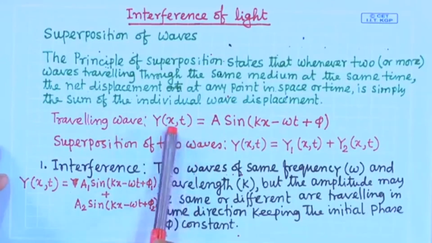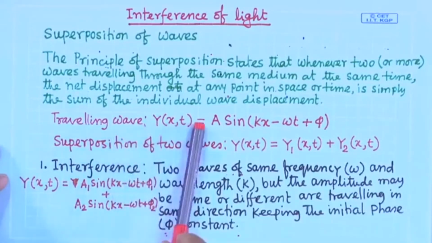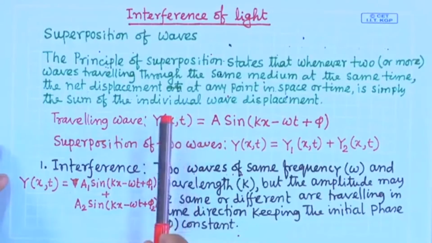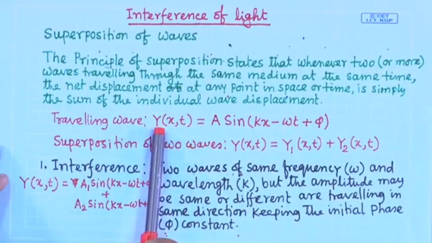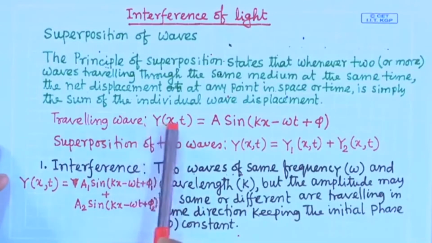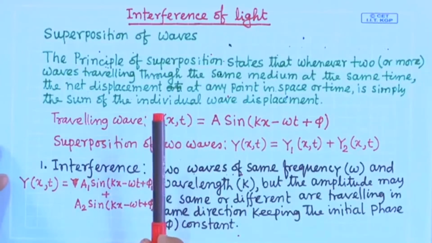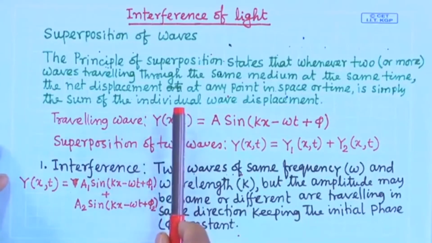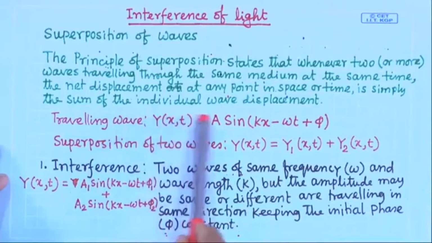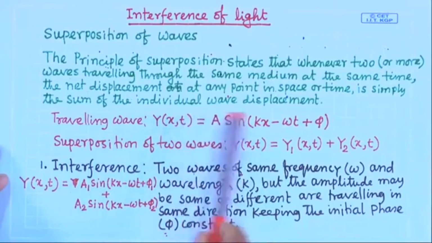So, when a wave is travelling through the medium, this is the displacement of the particle as a function of x and t.